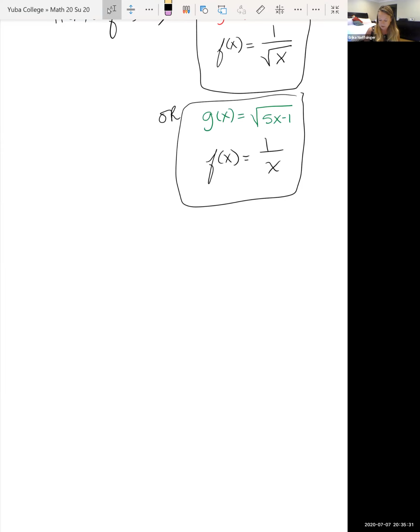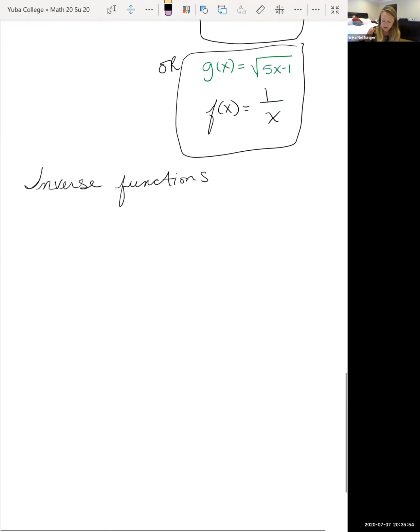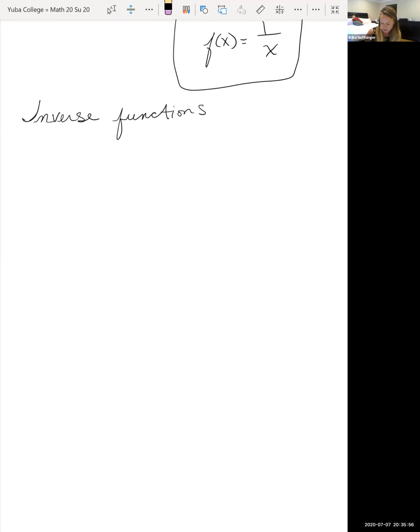Okay, so inverse functions. A couple things have to occur in order for a function to have an inverse. Inverse functions have the following property.